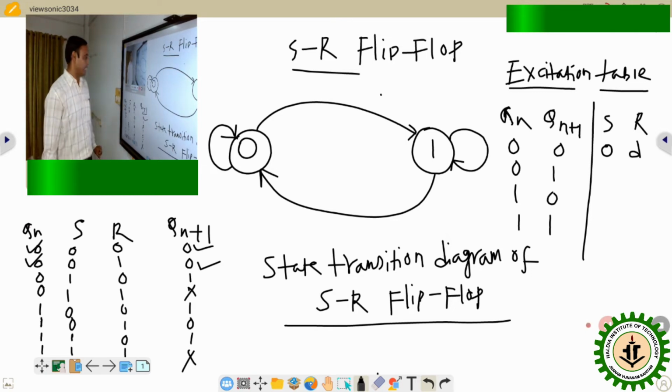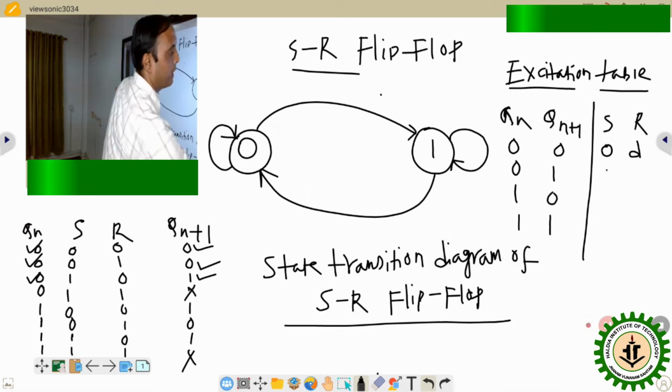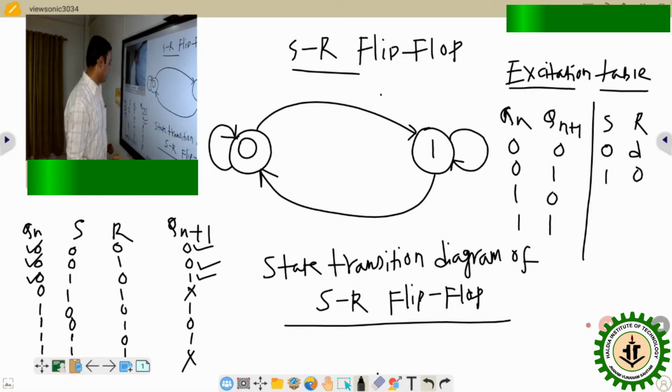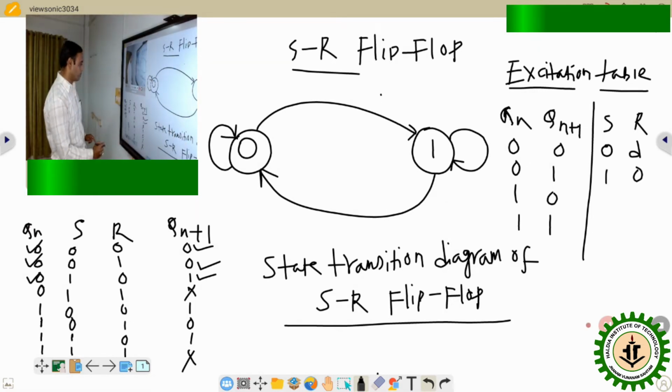Next, Qn 0 and Qn plus 1 is 1. Only this portion, so here the confusion is not present. So the value of S is 1 and the value of R is 0. Next, 1 0. This portion, that means this is Qn.